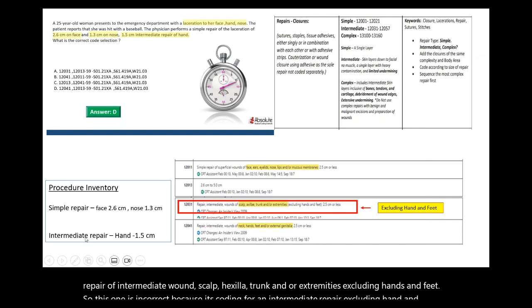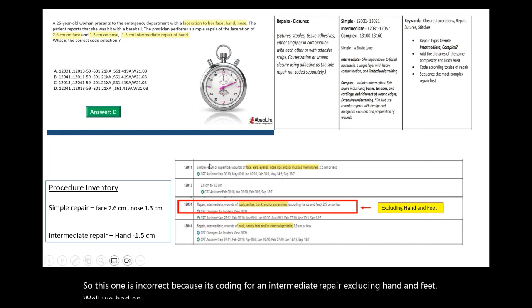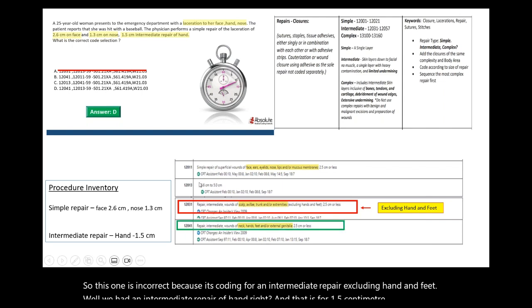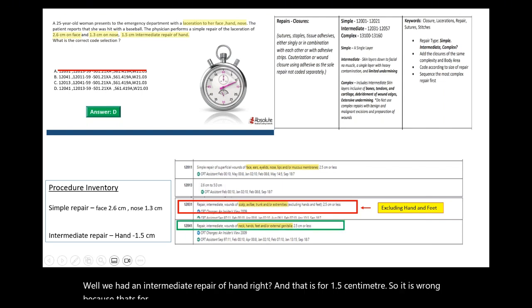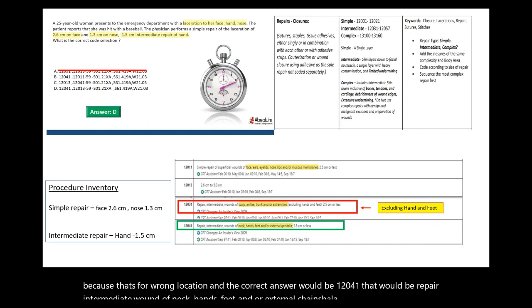Well, we had an intermediate repair of the hand, right? And that's for 1.5 centimeters. So it is wrong because that's for a wrong location, and the correct code would be 12041. That would be repair of intermediate wound of neck, hands, feet, and/or external genitalia, 2.5 centimeters or less.